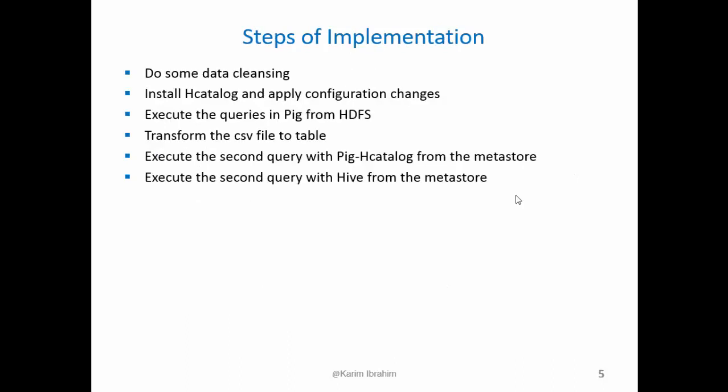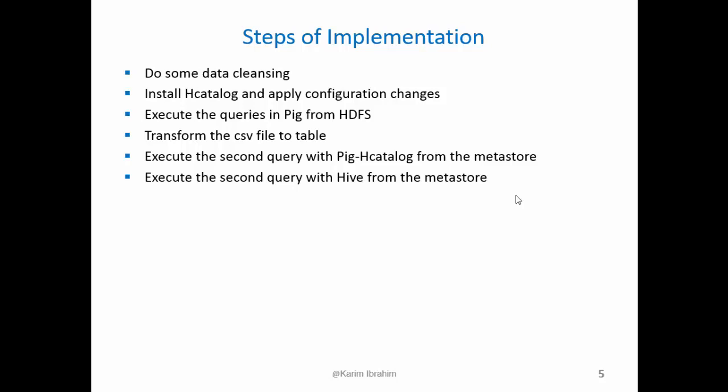The steps I took for implementing this project were: first do the data cleansing, install HCatalog, and make configuration changes, execute the queries in Pig for the HDFS files, and then create the tables from the CSV file.